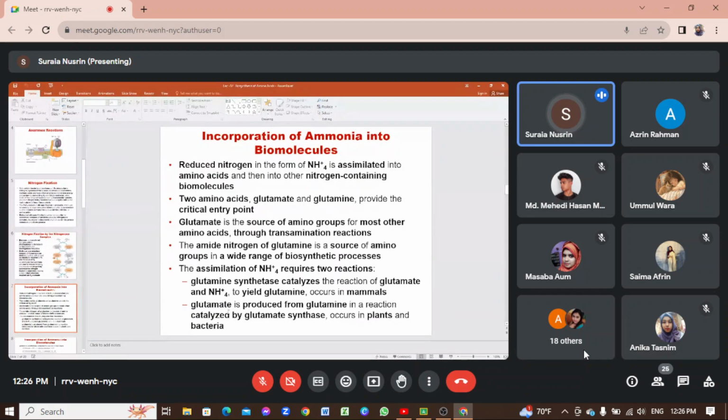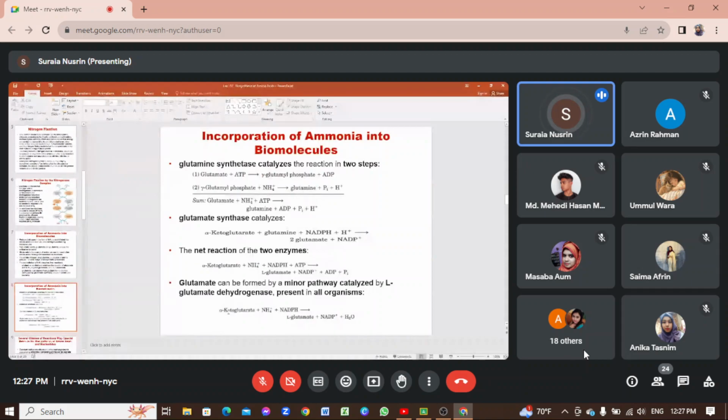We have learned that reaction before, where glutamate interacts with the amino group and gives rise to glutamine, and this reaction occurs in mammals. In the second reaction, glutamate is produced from glutamine, catalyzed by the enzyme glutamate synthase, and that occurs in plants and bacteria. So here are the two reactions.